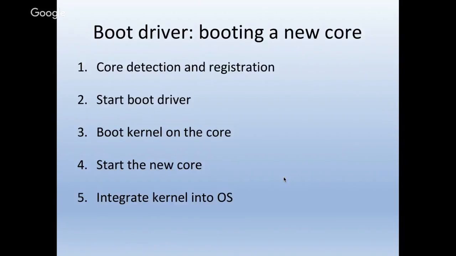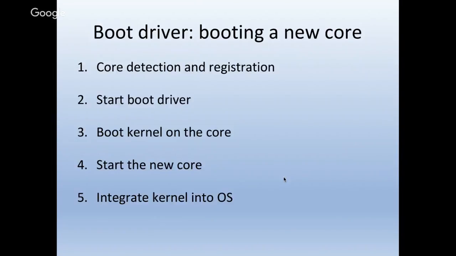A new core is brought online as follows. First, the core is detected by some platform-specific mechanism and its appearance registered with the device management subsystem. And then Barrelfish DC selects and starts an appropriate boot driver for the new core. The third step is Barrelfish DC selects a kernel binary and an argument for the new core and directs the boot driver to boot the kernel on the core.